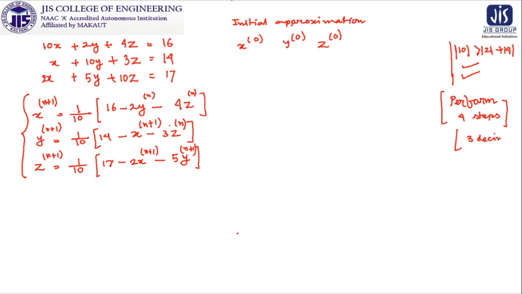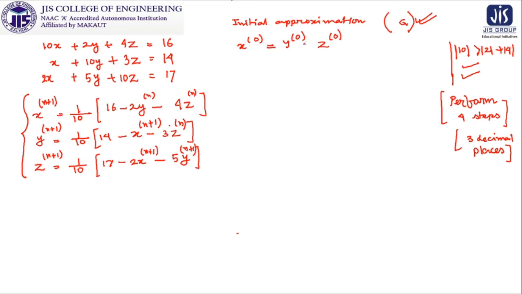According to the requirement of the problem, we will proceed with the calculation. Before starting, we have one more query: what is the initial approximation? If it is given, I have to take that one, and if it is not given, I can take it as per my choice. I can take them the same, I can take them different.